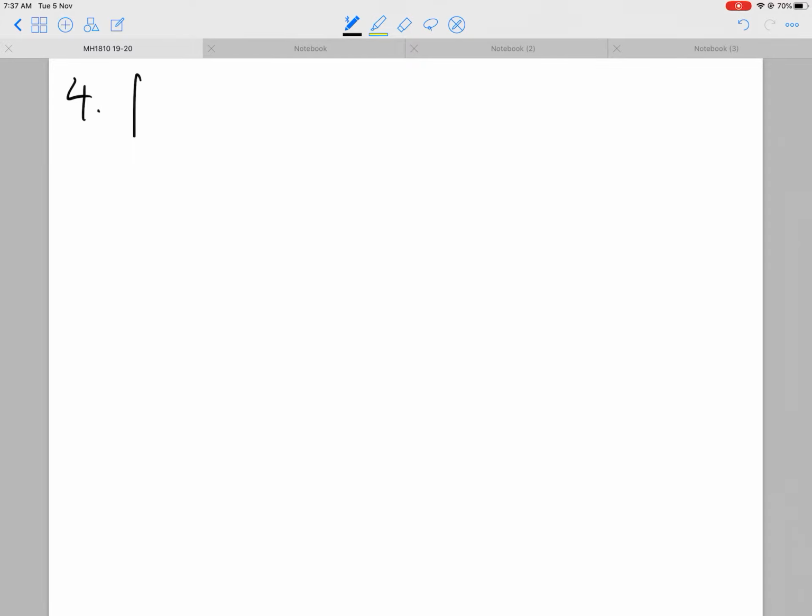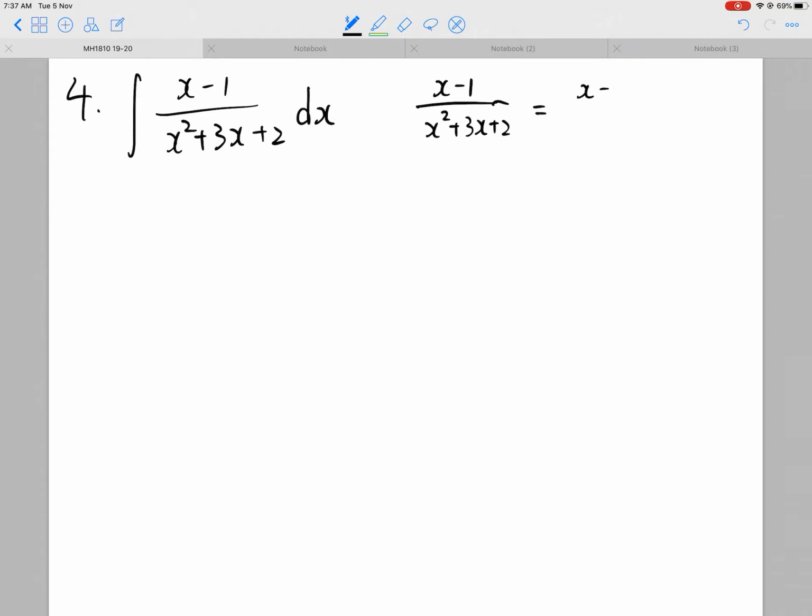Okay, problem 4. The integration of (x minus 1) over this. Okay. So the idea is to change this to a sum of two fractions, because your bottom is x squared plus 3x plus 2, which is (x plus 2) times (x plus 1).